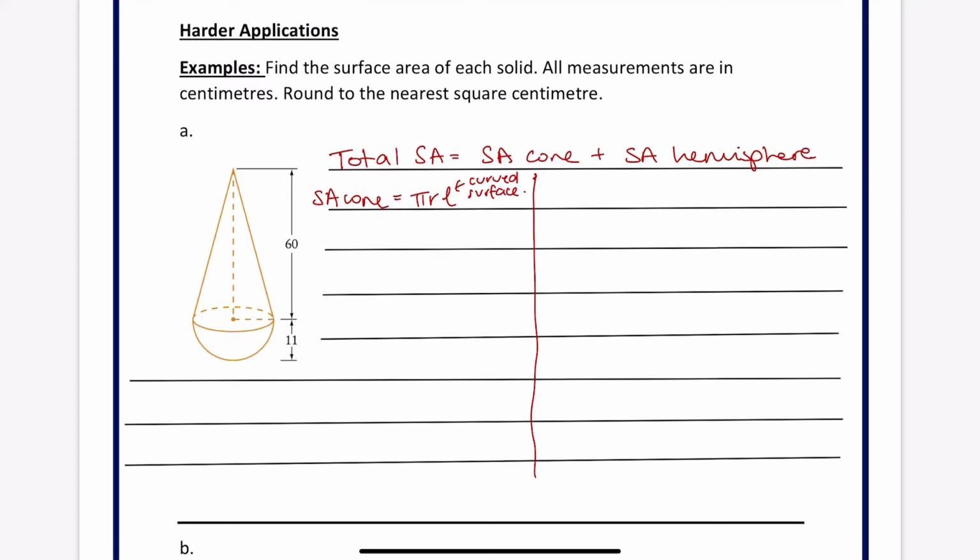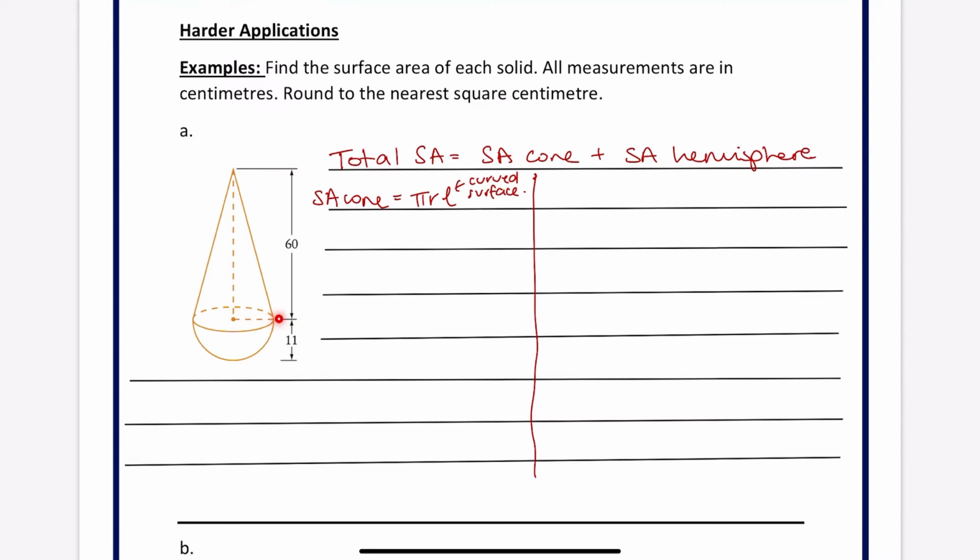Okay, so what we need is the radius and we need the length of the slant height. So we need this section here and we need this section here. At the moment they are both blank. The radius is a lot easier to find.